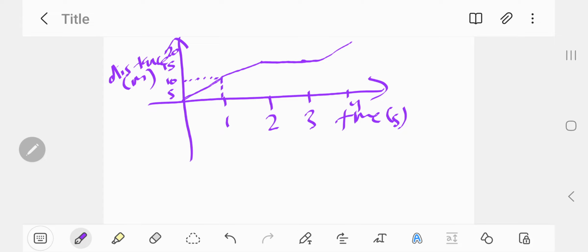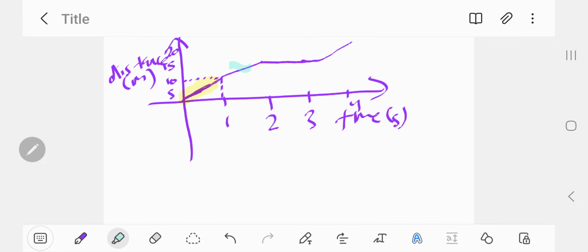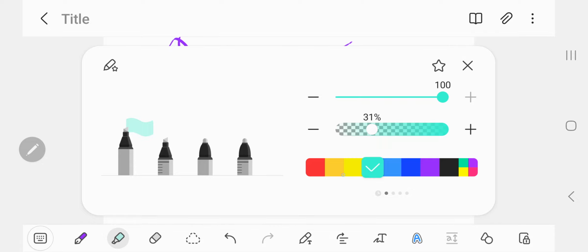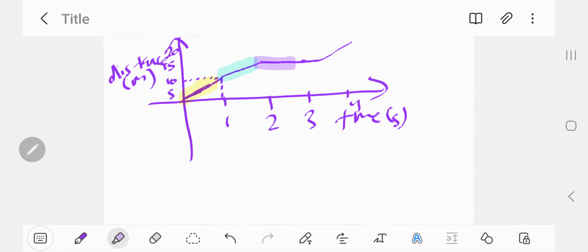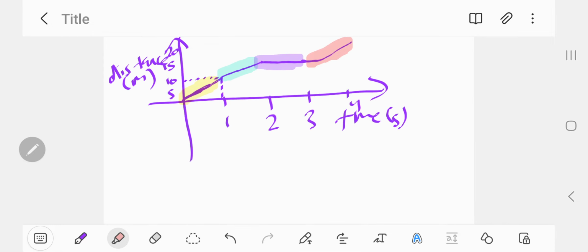So the first thing I would do as a student is split this graph up into segments. So this is the first segment here. I'll try and use a highlighter. Okay, second segment here. Third segment. Fourth segment.